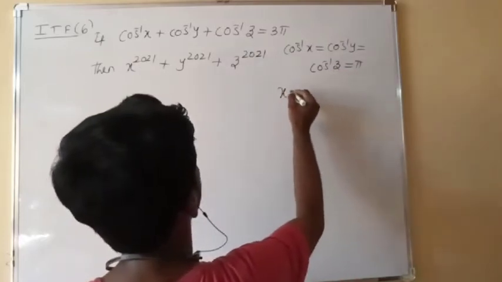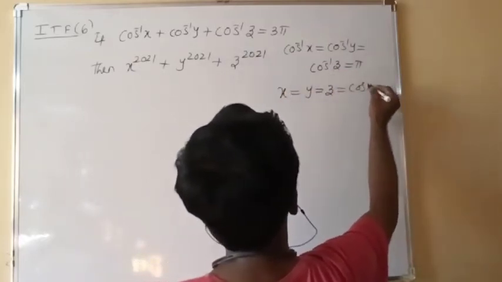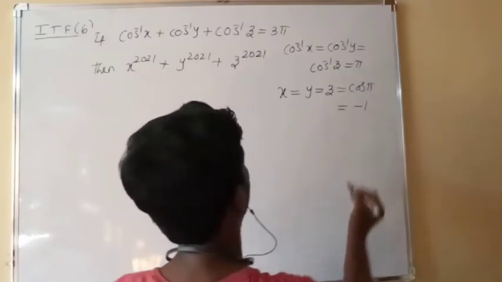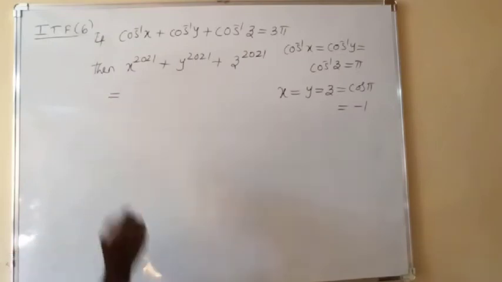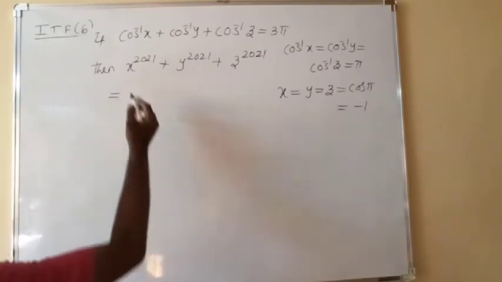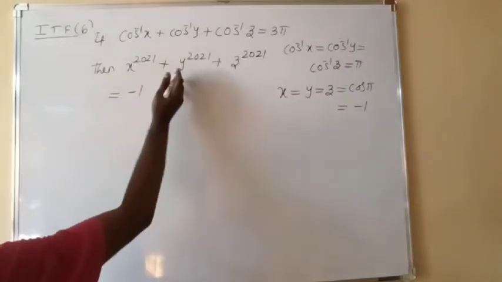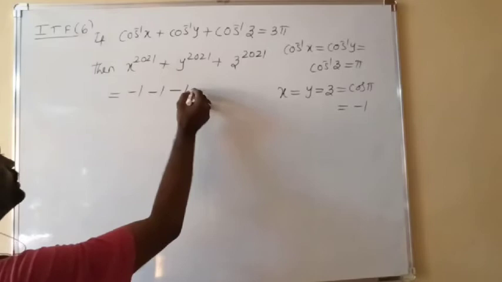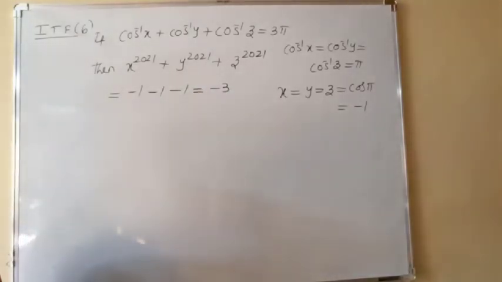That means x = y = z = cos pi. What is the cos pi value? Cos 180 degrees is minus 1. So substitute minus 1 for x, y, z. Minus 1 whole power 2021, minus 1 whole power an odd number, what do you get? Minus 1. The second term is also minus 1, the third term also minus 1. So thus the answer is minus 3.